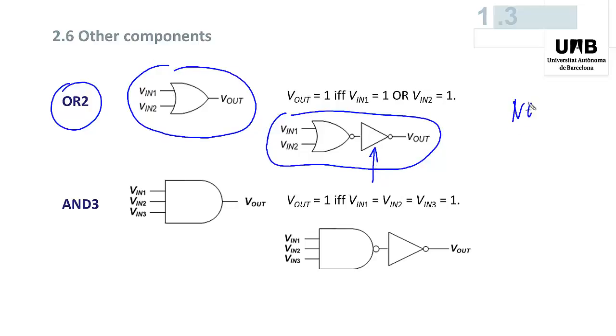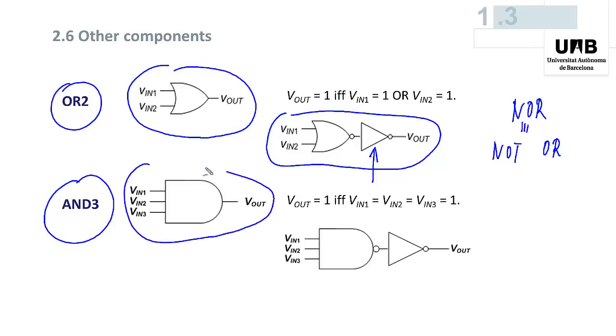Actually, NOR means not OR. You can build 3, 4, 5 input components. For example, an AND3 with this symbol is a component whose output is equal to 1 if and only if its three inputs are equal to 1. And it's also equivalent to a NAND 3 followed by an inverter.